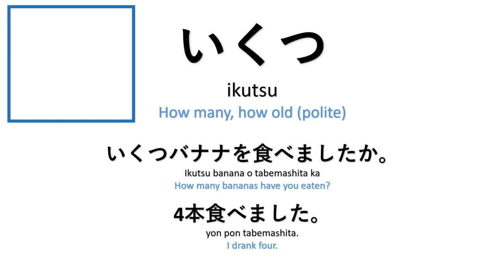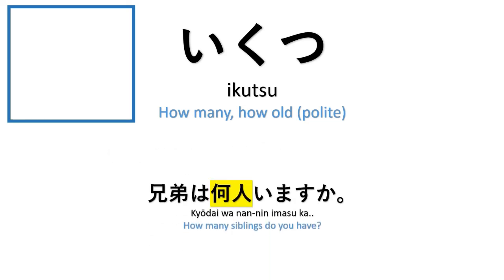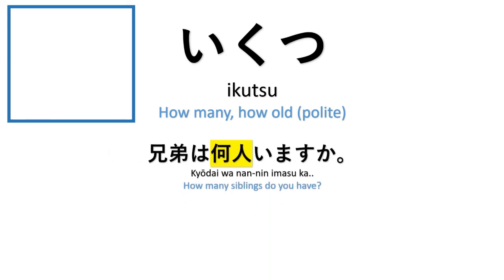Okay, so 4本食べました。兄弟は何人いますか？So in this case, we do not use ikutsu when we are referring to how many people. Instead, we use the question word what.